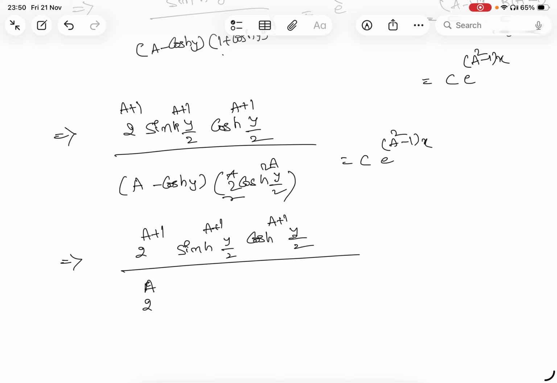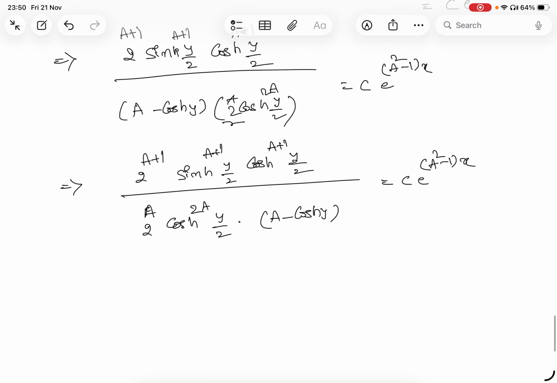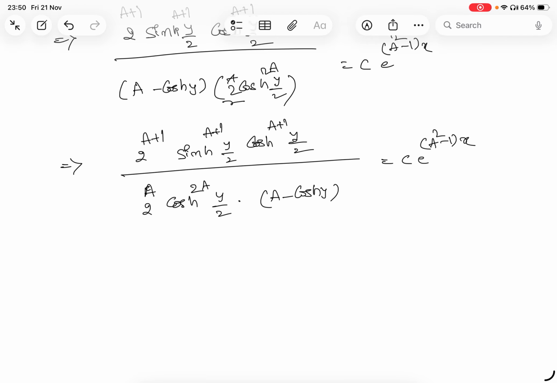This is 2 power a into cos h 2a y by 2 into (a minus cos hy) is equal to c into e power of (a square minus 1) into x. Now as you can see, this 2 power a will get cancelled and you are left with 2, right?